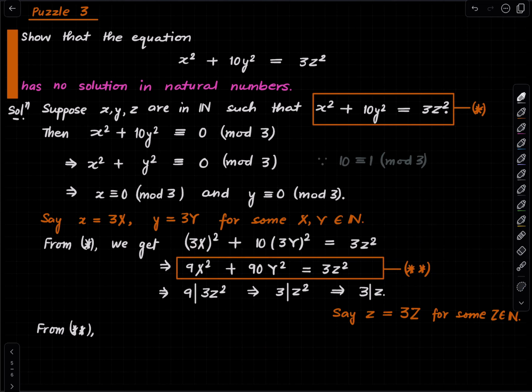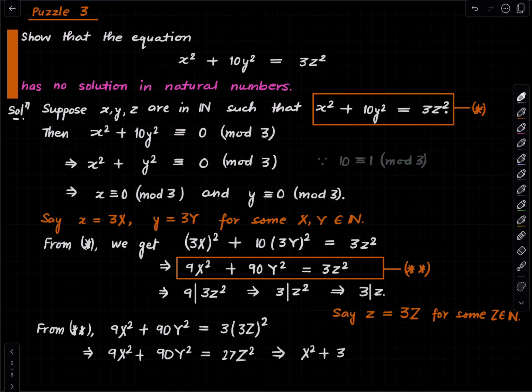So from double star, we have 9 capital X square plus 90 capital Y square is equal to 3 times 3 capital Z square, which is same as saying, and now I cancel out by 9 on both sides, so I get capital X square plus 10 capital Y square is equal to 3 capital Z square.